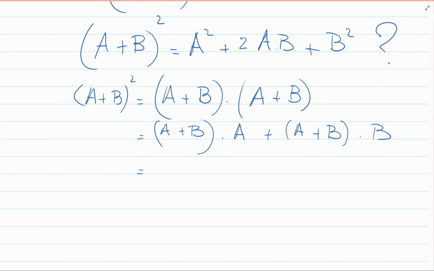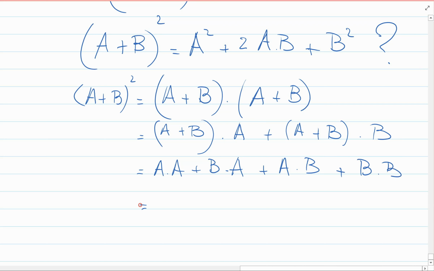So we have a times a, b times a, a times b, and b times b. A squared, b times a plus a times b, and b squared.